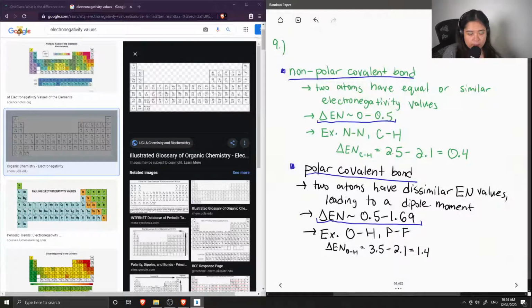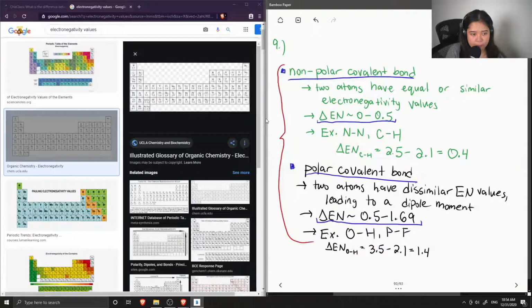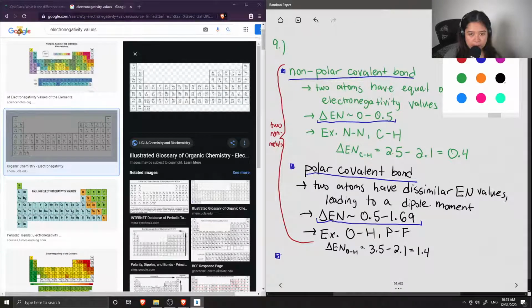Another thing to note with polar and nonpolar covalent bonds is that these only occur between two nonmetals. So when we have these differences in electronegativities, these are going to be between the two nonmetals, because there is also something called an ionic bond.